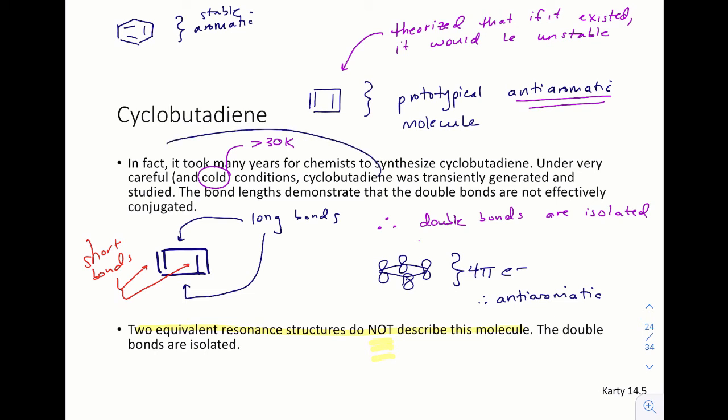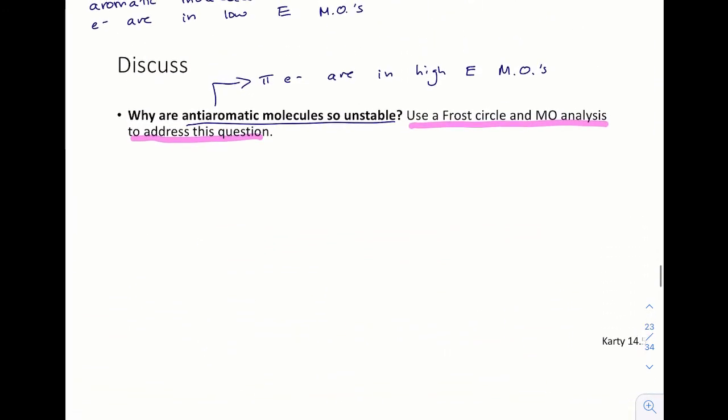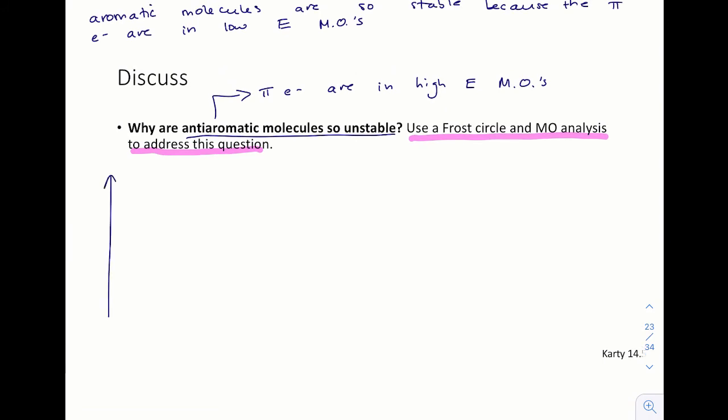You can only make it in an argon matrix at really cold temperatures. But we haven't explained why this 4 pi electrons in the 4 p orbitals represents such a high energy system. Clearly it does. That molecule is really unstable, but why?